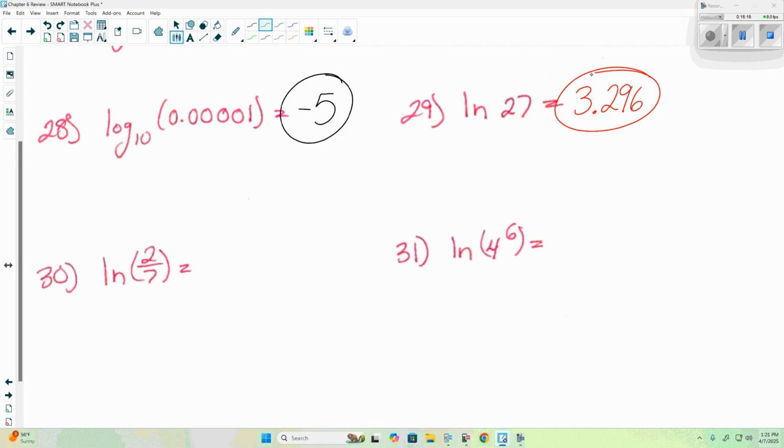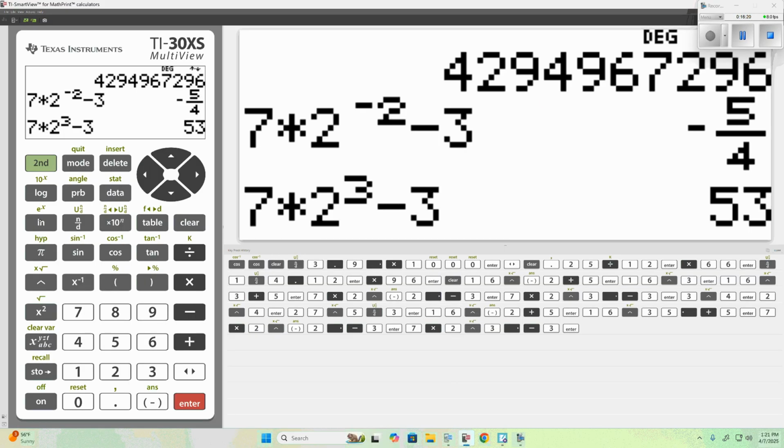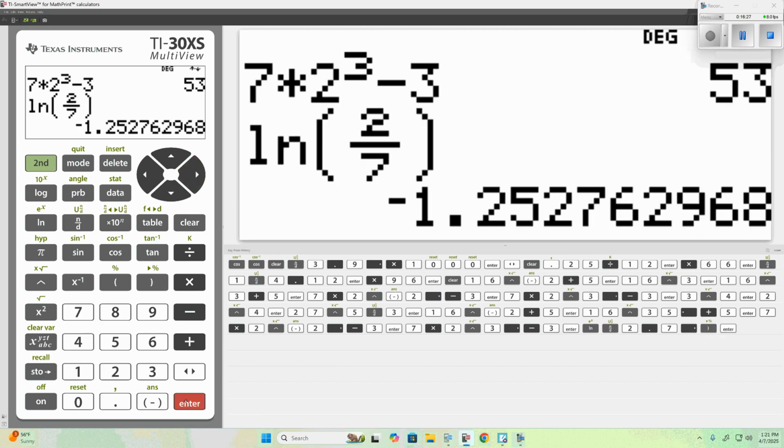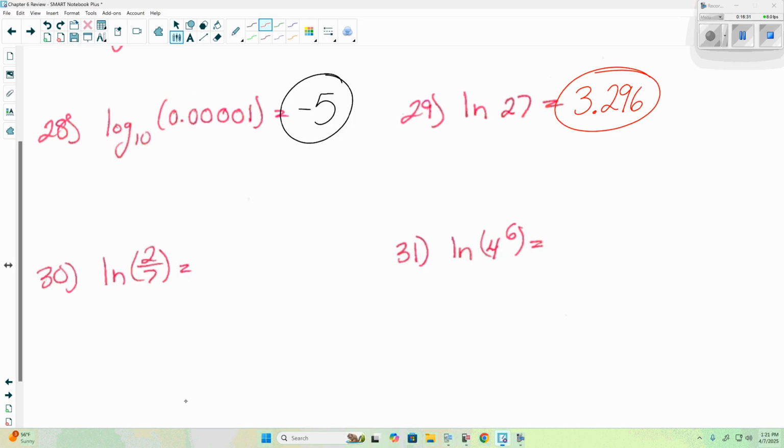Questions on 30? Because 30, with natural logs, I can say the natural log of 2/7 is negative 1.2527, 1.253. Logs and natural logs can equal negative numbers.